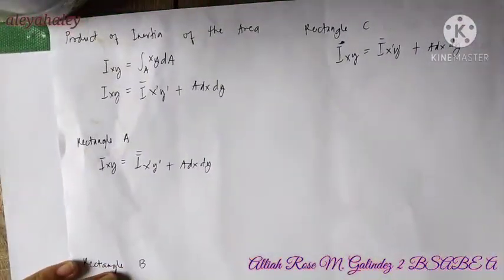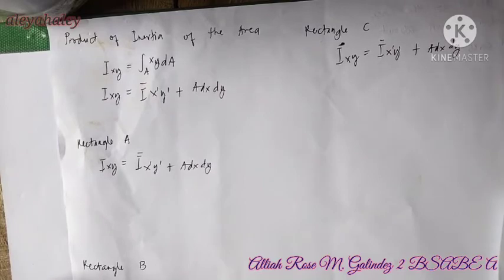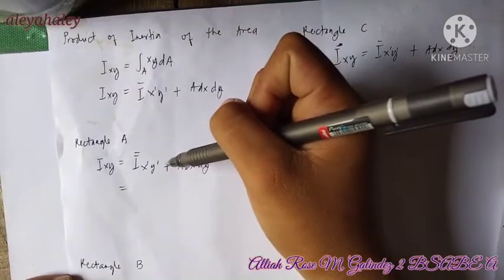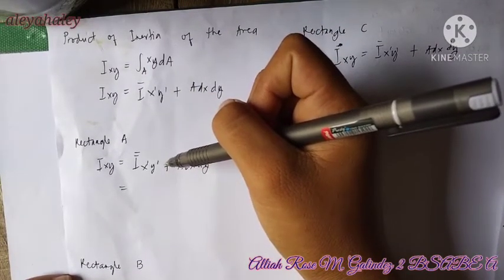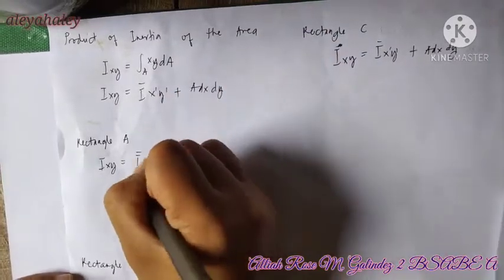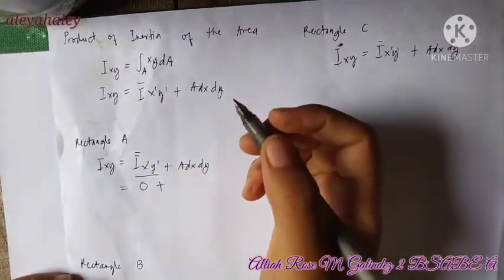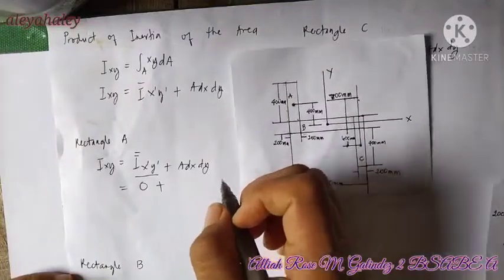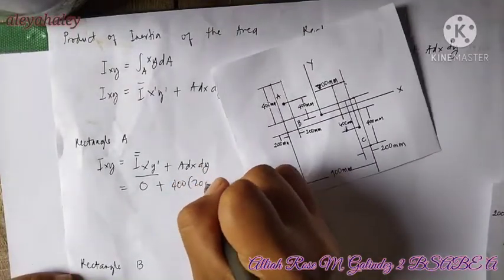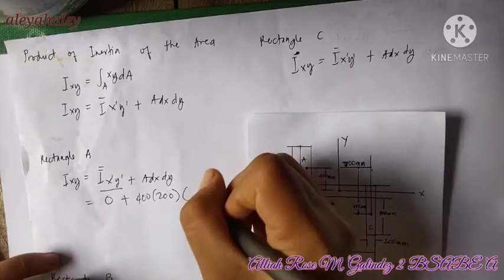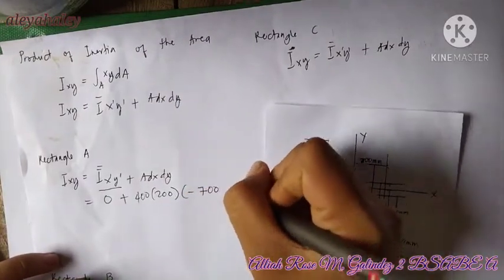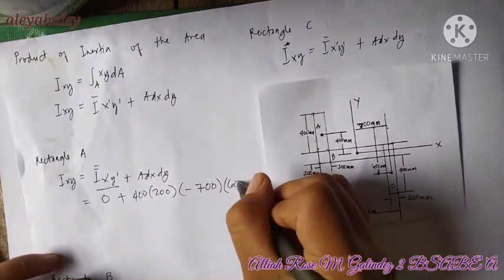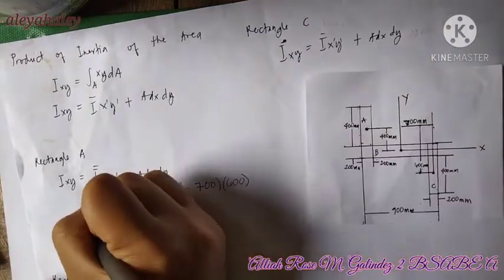So using the parallel axis theorem, for rectangle A we have this formula. Since the product of inertia of the rectangle is 0, this is 0 plus the area of rectangle A, 400 times 200, dx as negative 700 times the dy, which is 600 millimeters.